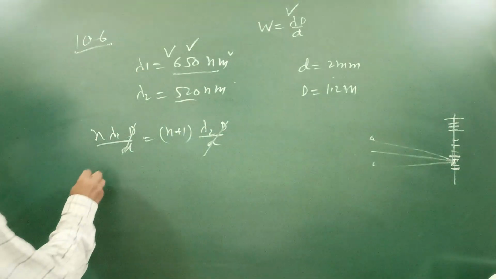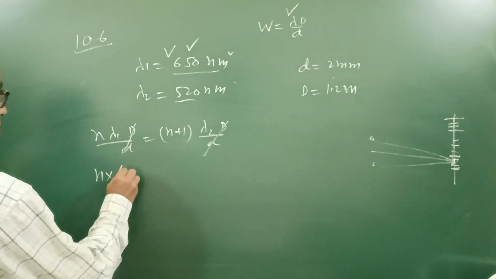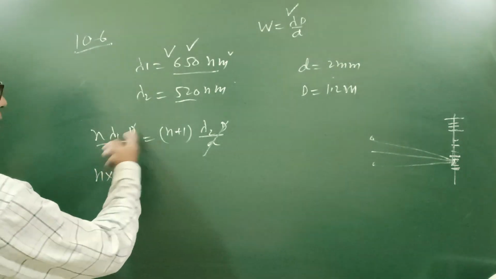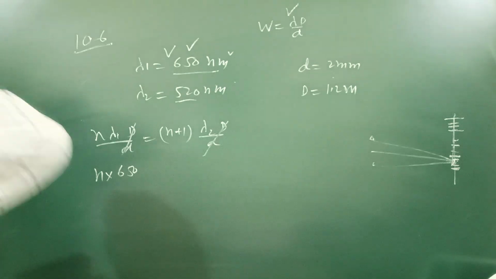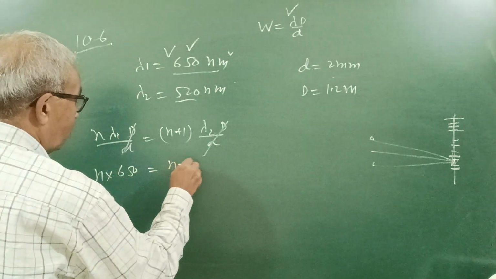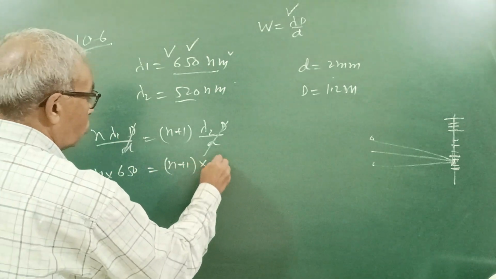We have to find out n here. So n into 650 नैनोमीटर, मीटर बनाएंगे तो कैंसिल हो जाएंगे, जरूरत नहीं है. Equal to n plus 1 into 520.